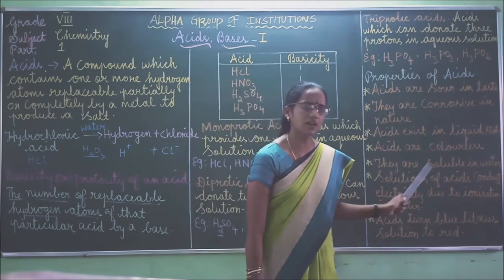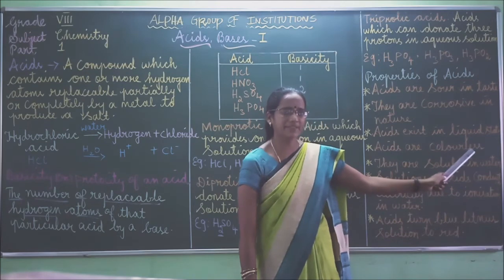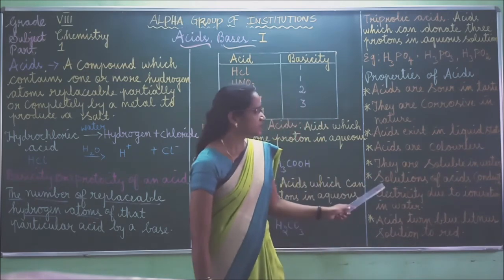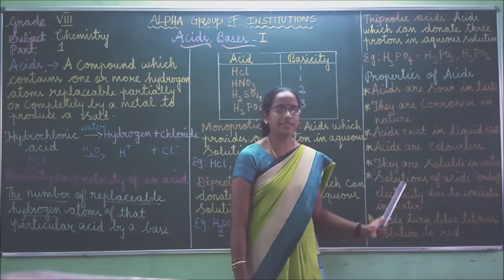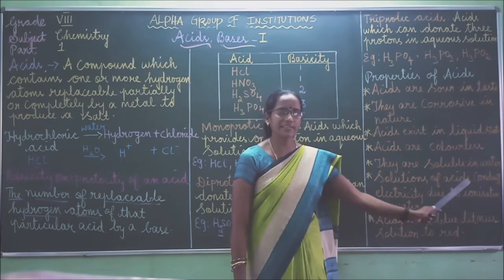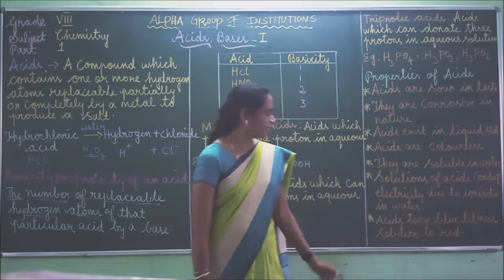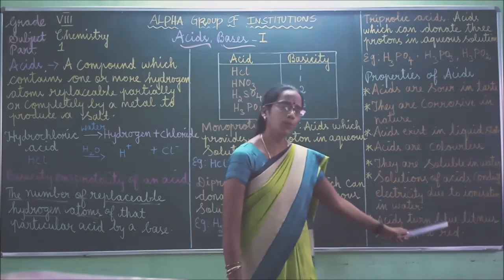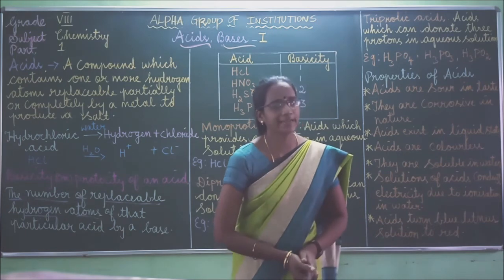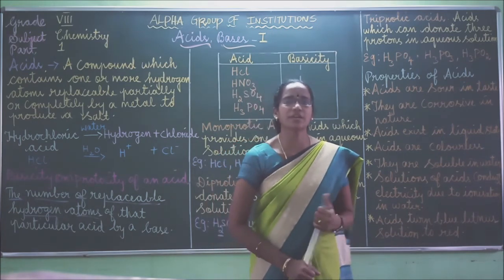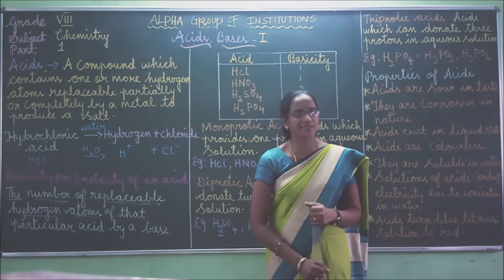Acids are soluble in water. Solutions of acids conduct electricity, due to ionization of water. Acids turn blue litmus solution to red. So these are the general properties of acids, right?